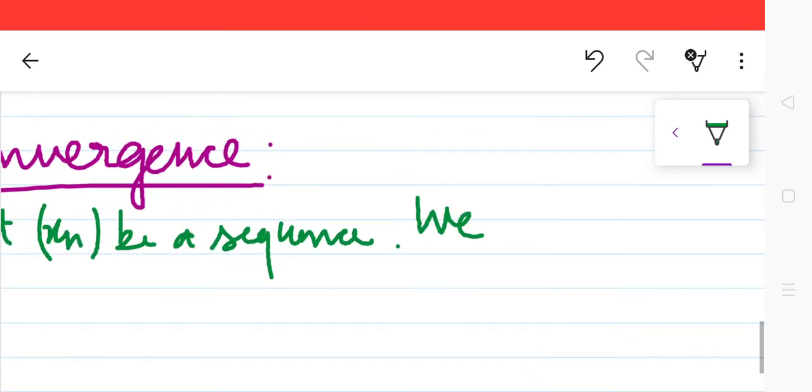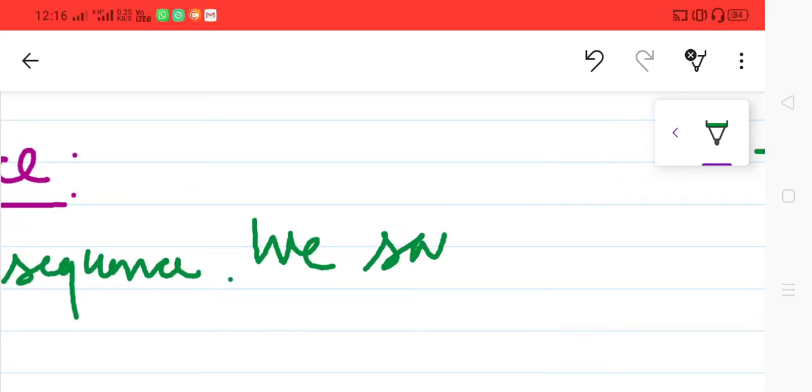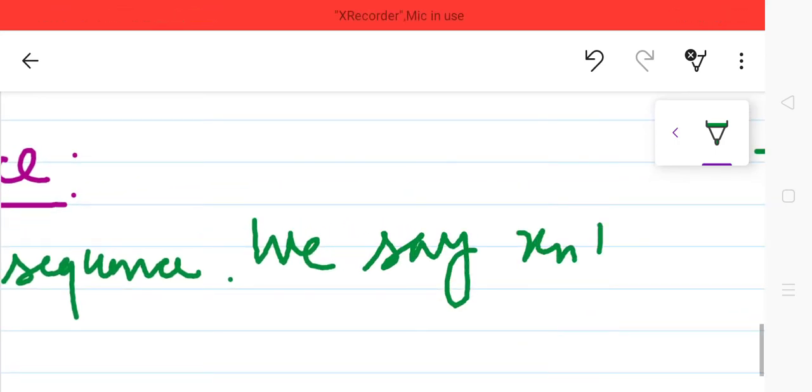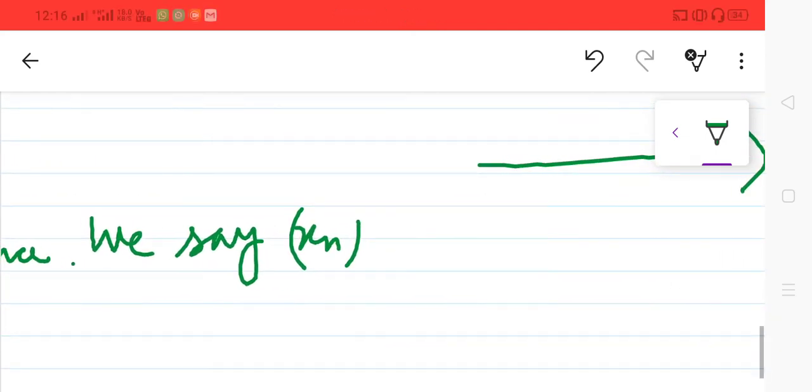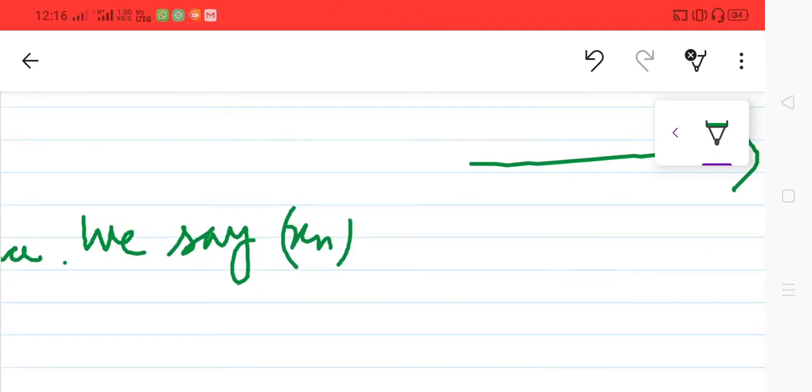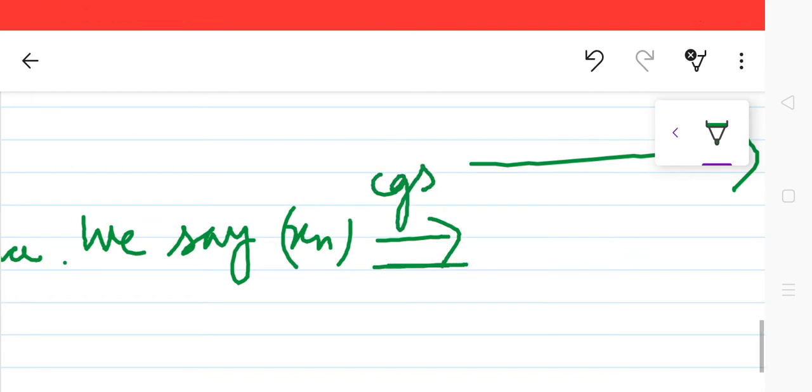We say xn converges, xn goes to x, this is the sign of converging to x, belonging to R, because we are talking about real sequences.